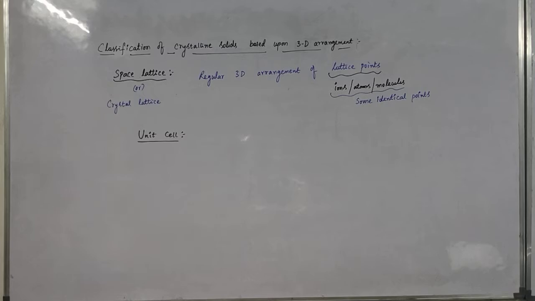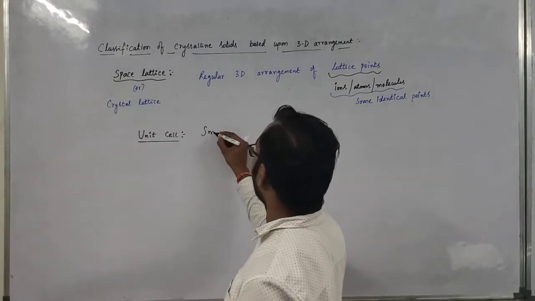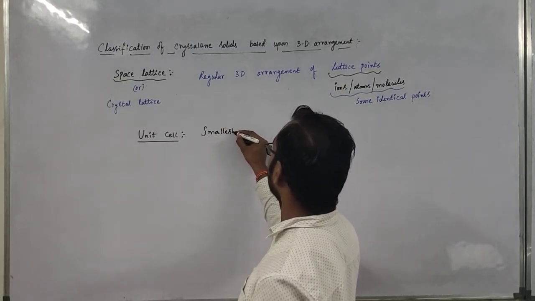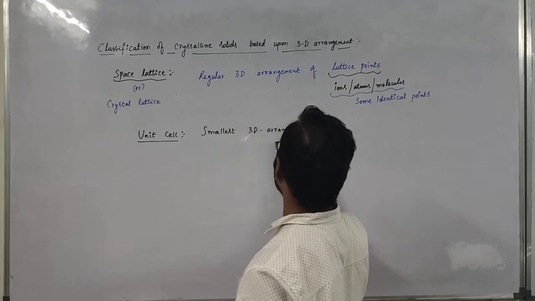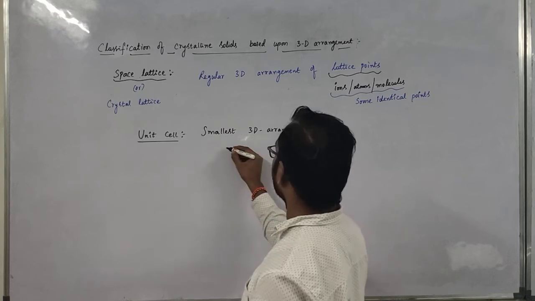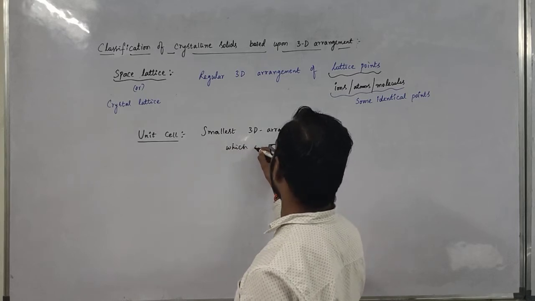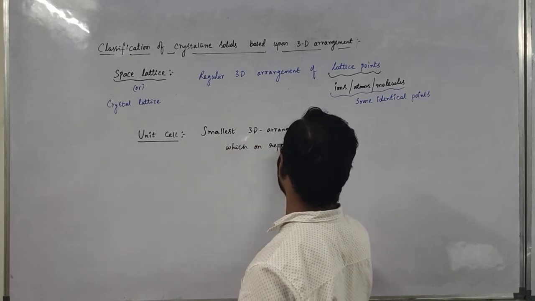Unit cell means the smallest three-dimensional arrangement of atoms or particles which on repetition produces space lattice.